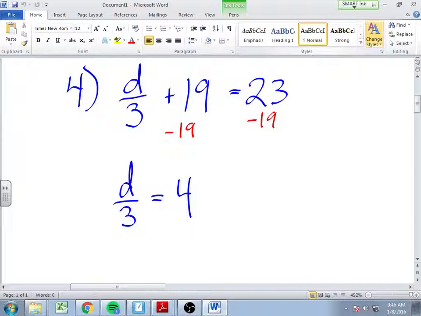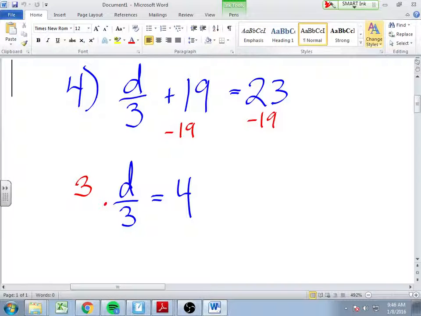From here, what do we do? What's happening to d? I just said it. We have d divided by 3. So it's being divided, so we want to multiply. We're going to use the inverse operation and multiply.